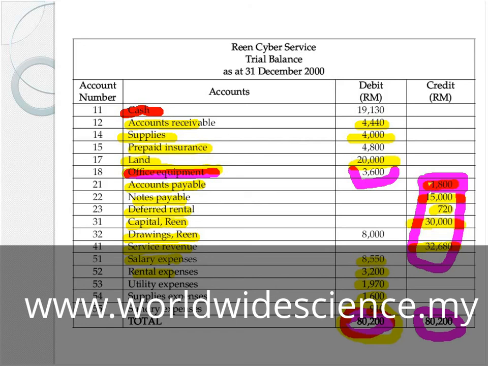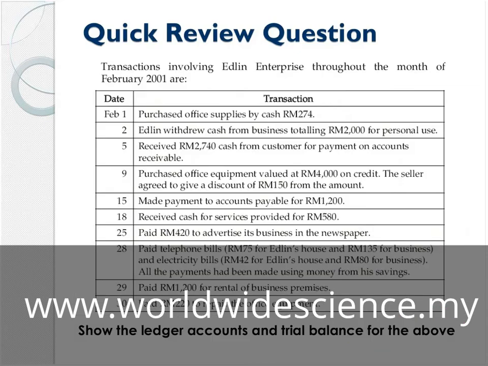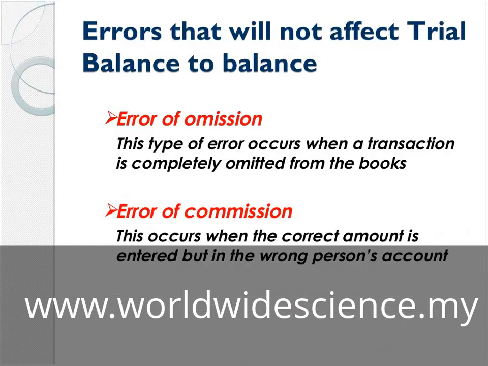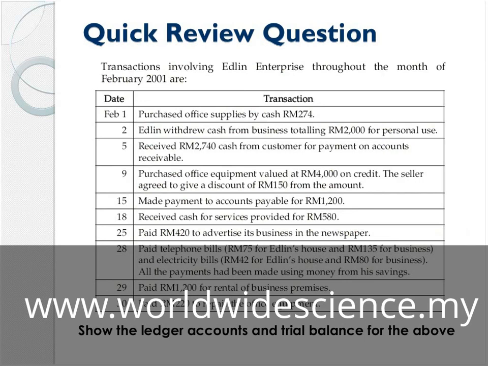So let's move to the next one, because we have some quick review questions. The transactions involving Adeline Enterprise throughout the month of February 2001 are listed here. You show the ledger accounts and trial balance for these transactions.